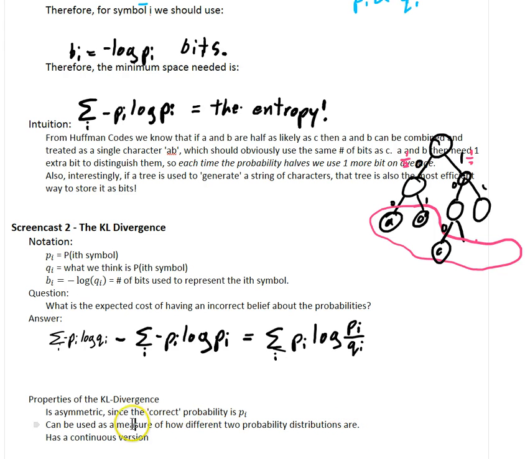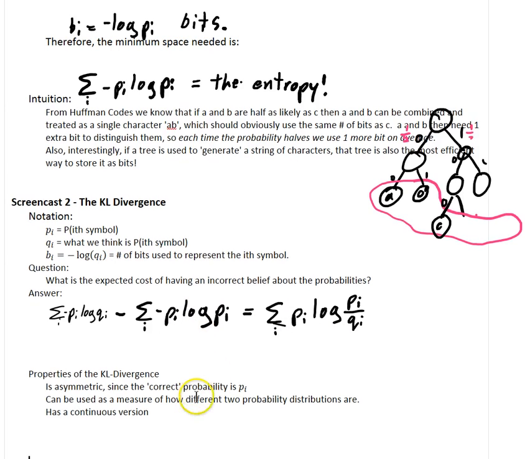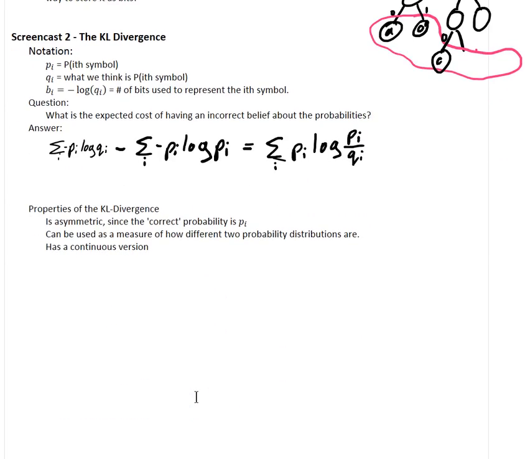Now, it's not symmetric, so it doesn't have some nice properties that we like to have when measuring the distance between two things. So we can't define a metric space using the KL divergence. However, it does give us some notion of the distance between two probability distributions. And finally, it also has a continuous version, because we don't always have discrete things. And so I want to talk a little bit more about the continuous version.